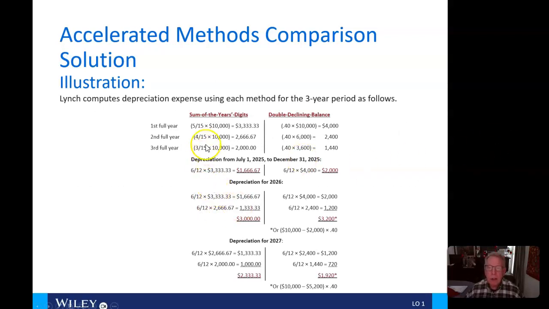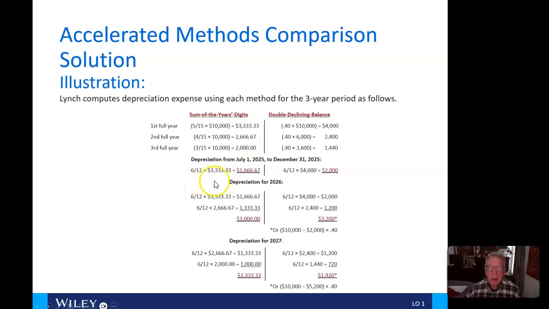Okay, sum of the years digits method. We would add the 5, the 4, the 3, the 2, the 1 together to get 15. And then we take 5/15, 4/15, 3/15 of $10,000, all the way through.